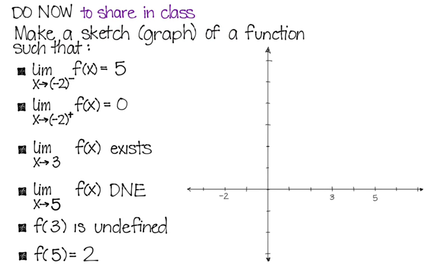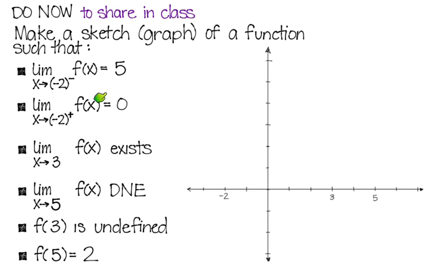And that is, you're going to sketch a graph, okay? And it has to fulfill all of these conditions. This isn't just one graph, a second graph. No, this is one graph, and it needs to fulfill all of these conditions. The limit as x approaches -2 from the left of the function goes to 5.